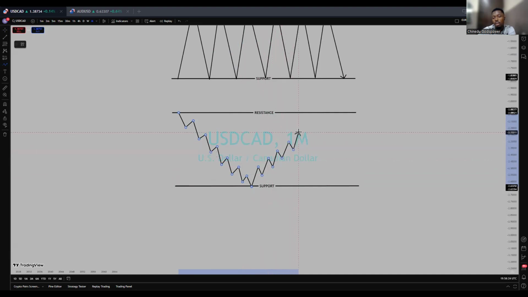So this is what it looks like. I'm going to explain to you why it changed, how it changed, and how you would be able to know when it should change and when it should not change.